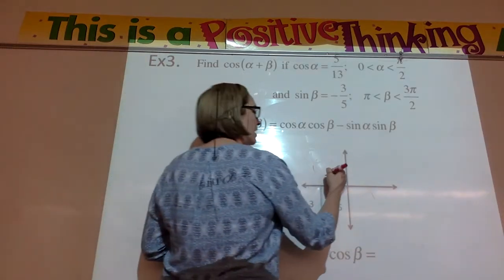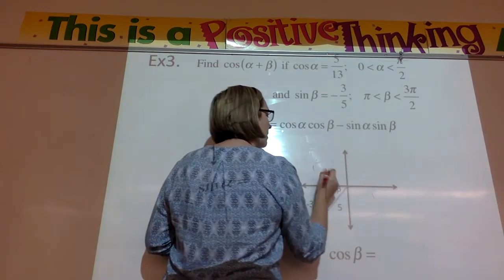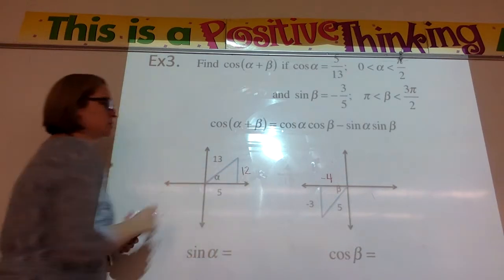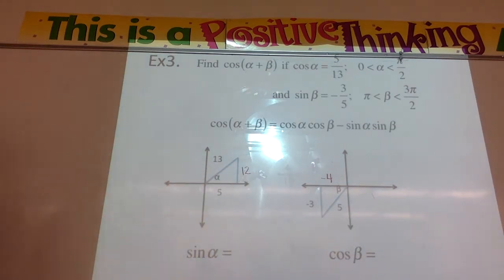4? Okay. Why did I make this one negative, but I didn't make the 12 negative? Because I went to the left. Okay.